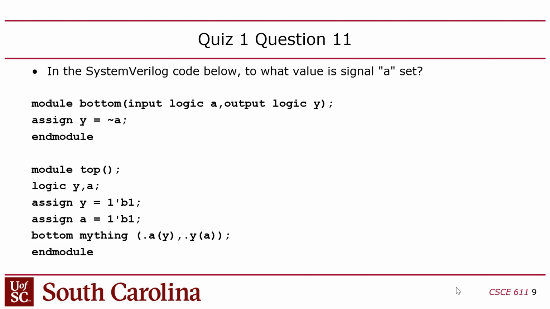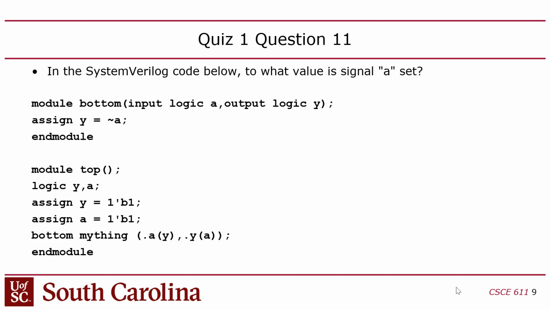And then, well, actually, my thing is driving A. Because, see, we've got A connected to my thing, but it's connected to this Y port, which is an output. You guys see that? So my thing is going to be driving A because A is connected to its only output, right? Which is the Y port.